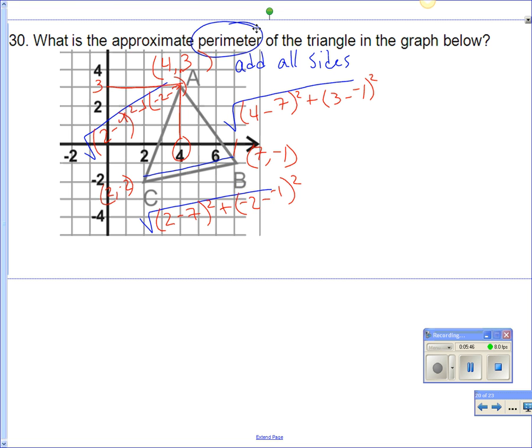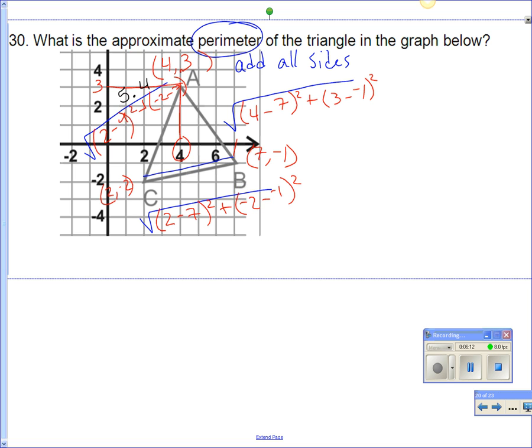So in your calculator, I'll start with the left side and type it in my calculator. I get 5.4 as the decimal.